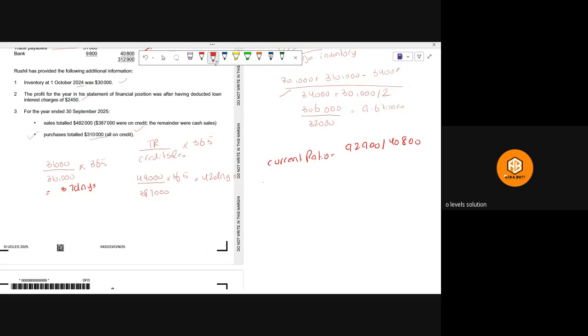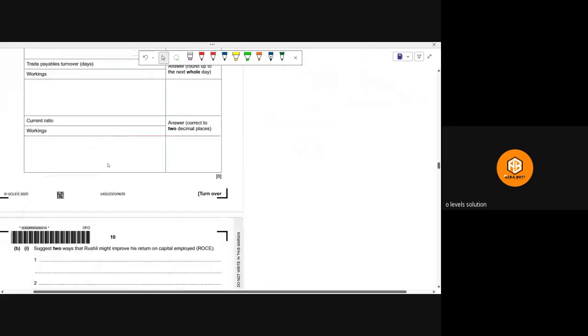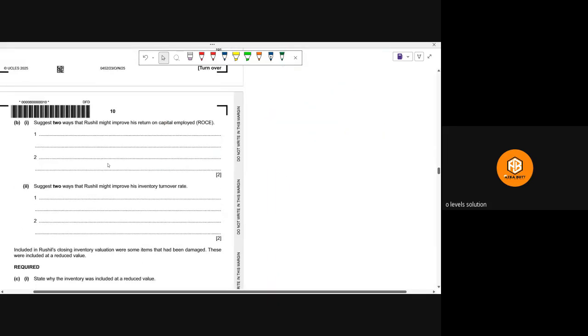What's the answer for the current ratio? 2.28 1. Okay. So now let's see, suggest two ways that Roshi might improve the return on capital employed.